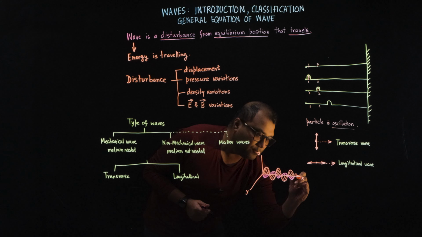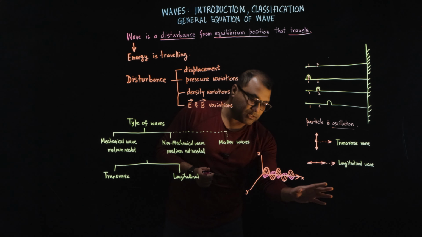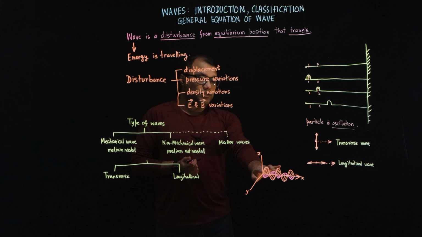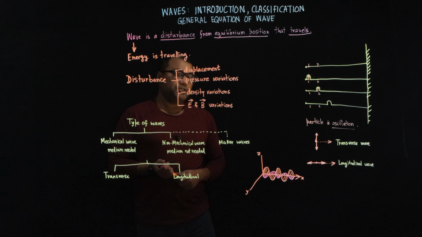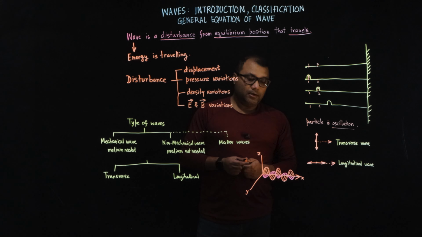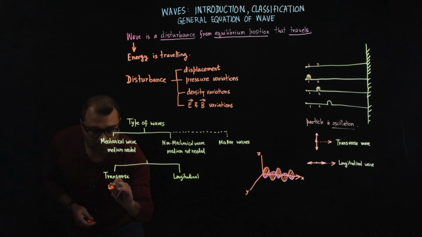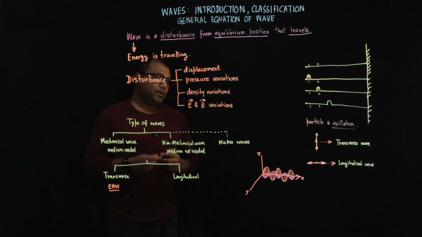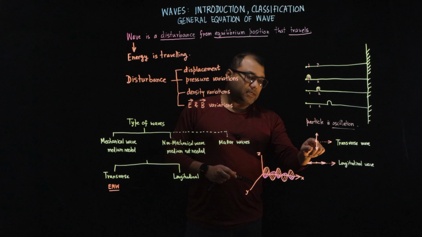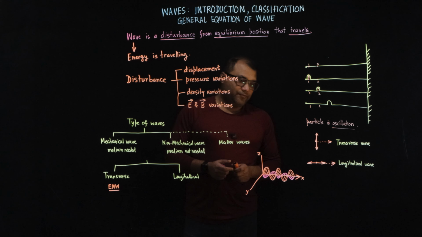So electric field variations are happening in the z direction, magnetic field variations in the y direction, but the wave is propagating in which direction? The x direction. So wave propagation is perpendicular both to the variations in the electric field and to the variations in the magnetic field. So electromagnetic waves are an example of transverse waves, because the variations are happening perpendicular to the direction of the wave traveling.